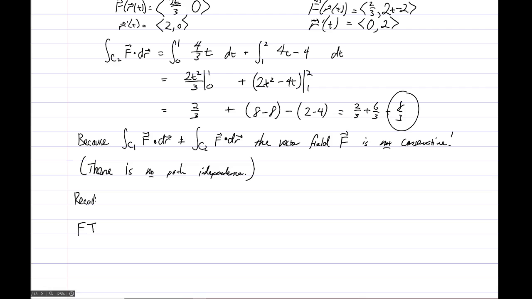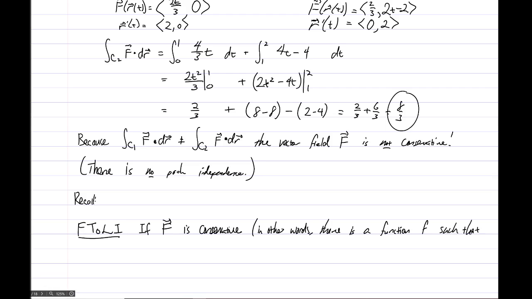The fundamental theorem of line integrals says this: if vector field F is conservative, in other words, there exists a function lowercase f such that capital F, the vector field, is equal to the gradient of lowercase f, and C is parameterized by a vector function, little r of t, with t going between a and b.